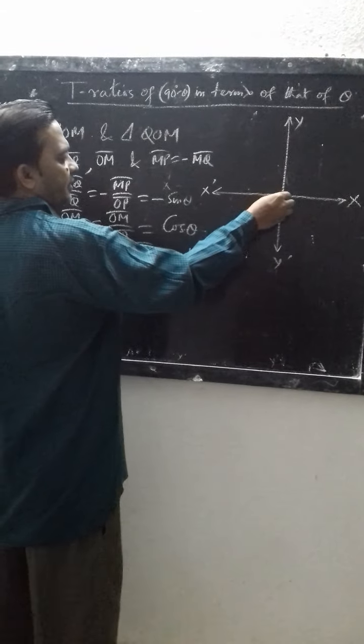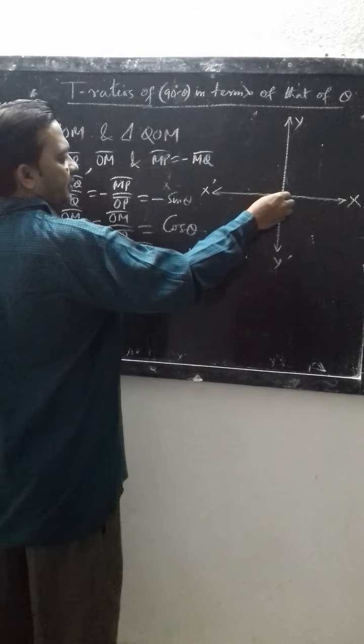Let any point P be on OA, draw perpendicular PM to OX, equating OP, draw a line segment OQ on OB, draw perpendicular QN on the x-axis. Therefore, the angle BOX is equal to 90 degree minus theta.